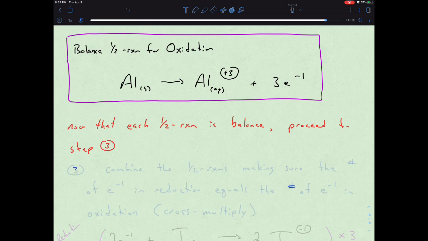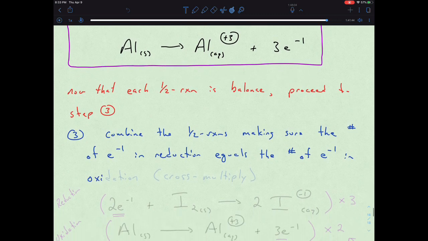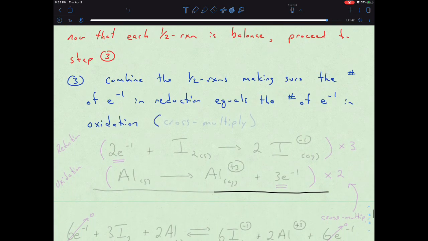And so for step 3, we want to now combine the half reactions, again making sure the number of electrons in reduction equals the number of electrons in oxidation. And as I was saying earlier, this normally means a cross multiplication type feature.